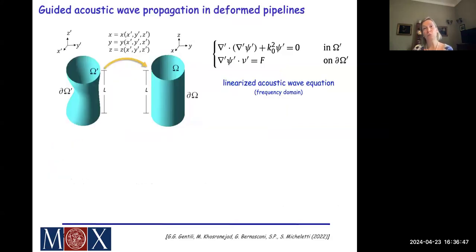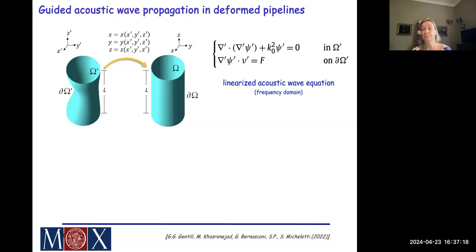More recently, and this for the first time represents a different field of application with respect to the standard hemodynamic context, we have applied, with some colleagues at the engineering department of Politecnico di Milano, the high mode reduction for the modeling of the acoustic wave propagation inside a pipeline which may exhibit a deformation.